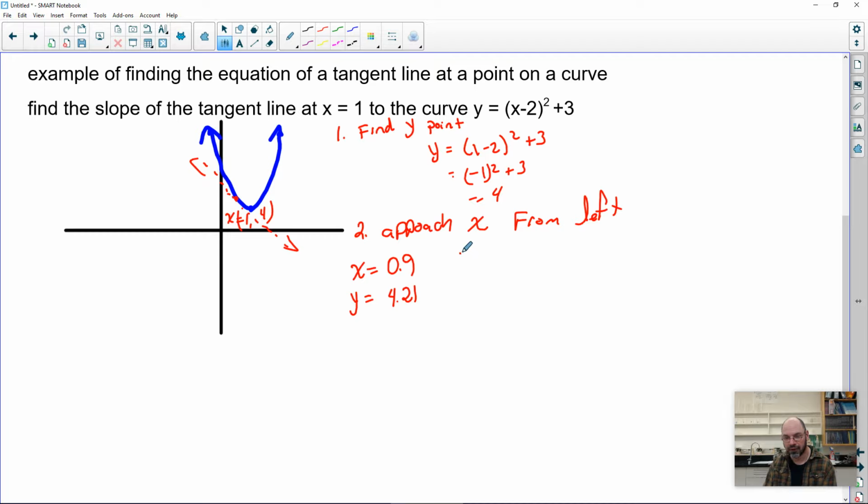Okay. And then if I go here, x equals 0.99, I get y equals 4.0201.